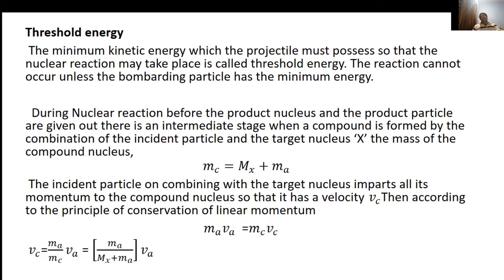This equation can be written as Vc is equal to Ma by Mc into Va, that is equal to Ma by (Mx plus Ma) into Va. That is because we know that the value of Mc is equal to Mx plus Ma.